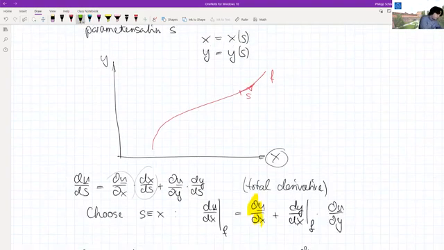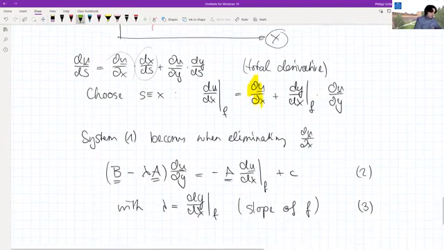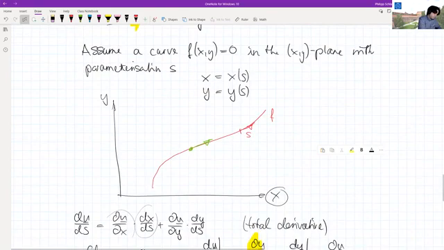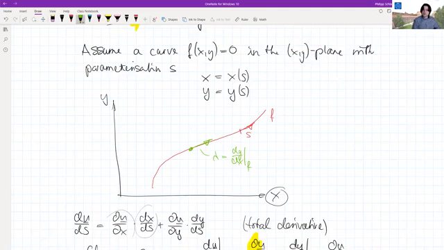First of all, I have the slope of my curve, which is this lambda, dy dx along f. And of course, what you see here is that this lambda is actually not dependent on the solution. It is entirely a geometrical result based on the curve S that I have chosen.